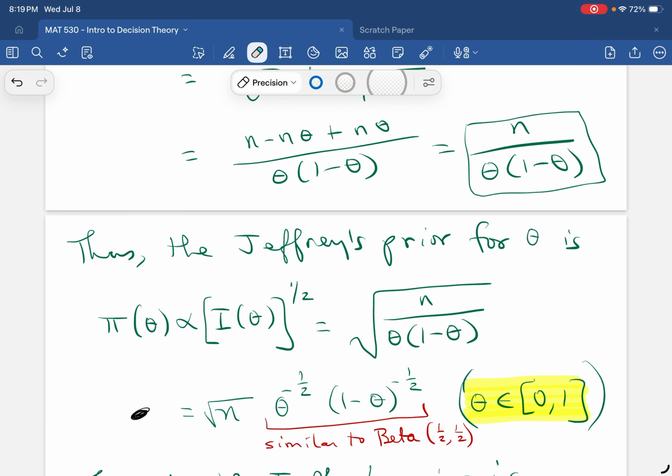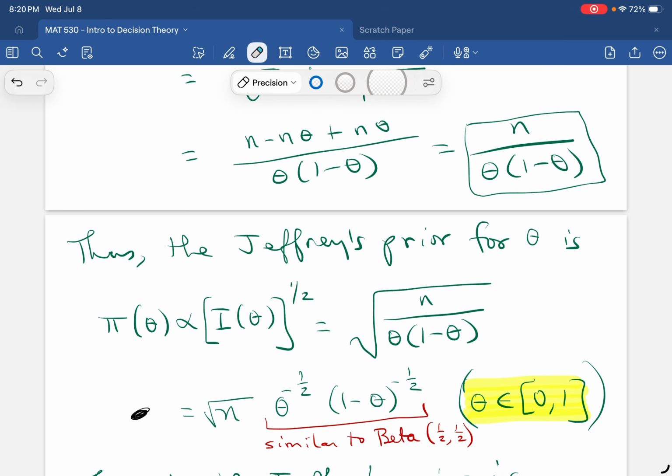And the thing we have to try to do is determine what particular distribution this is pointing us to. And the first thing to note, and this is really important, is that theta here is a proportion, so it's got to be some distribution concentrated on the unit interval from 0 to 1. And it's got to be some constant, right, times something that looks like this.